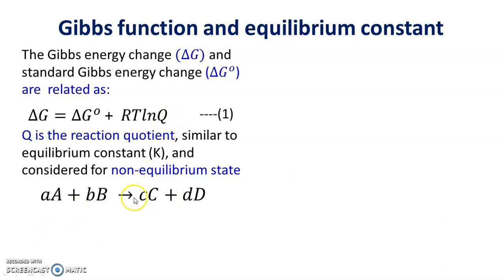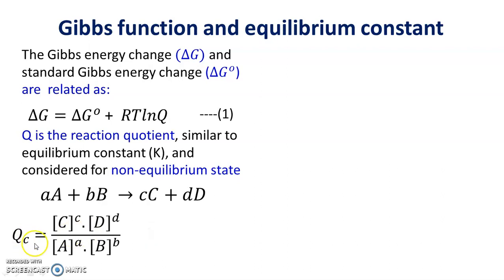Now the reaction quotient Q, that is Qc, c stands for concentration, is equal to concentration of C raised to c into concentration of D raised to d, these are the products, upon concentration of A raised to a into concentration of B raised to b. So this is the expression of reaction quotient in terms of concentration.